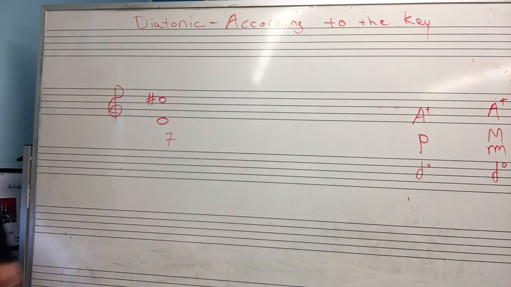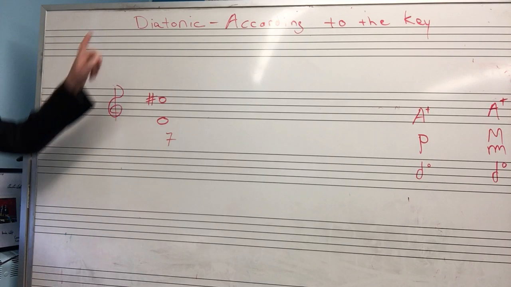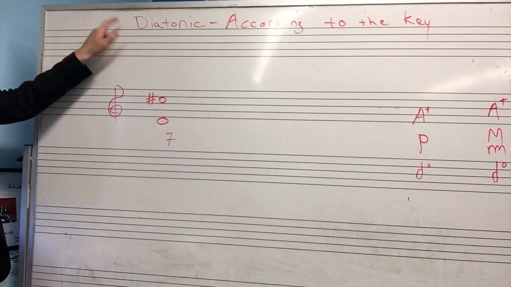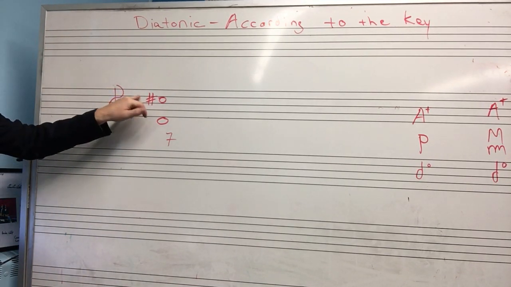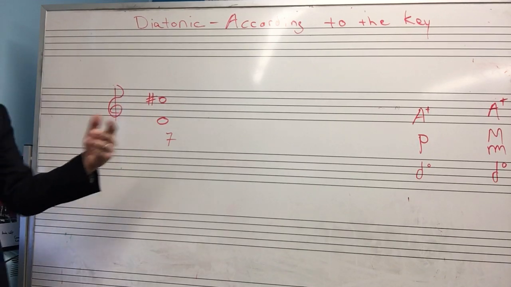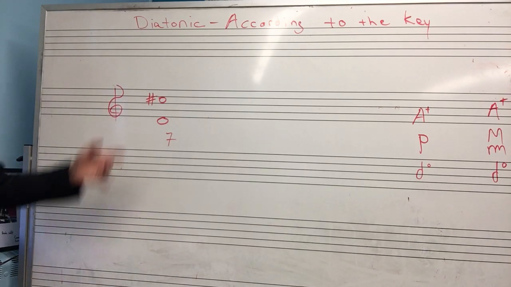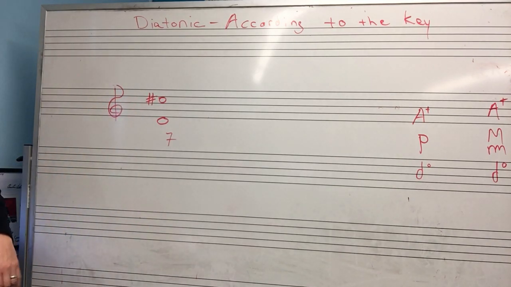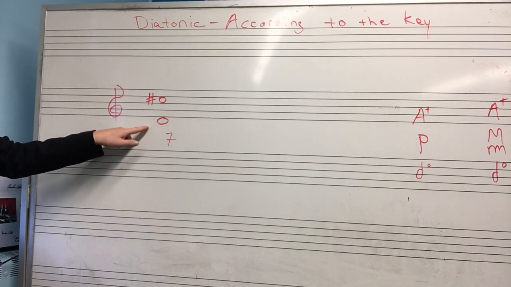Okay. Knowing that, remember, diatonic according to the key signature, is the C sharp diatonic to D major? Does that occur normally in D major? C sharp? Fat cats? Yes, it does. So C sharp is diatonic to this.